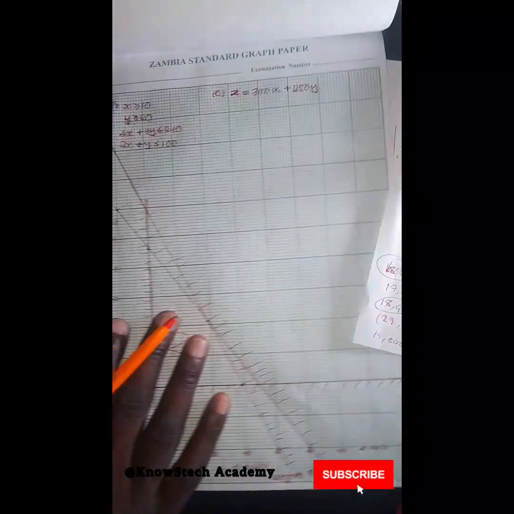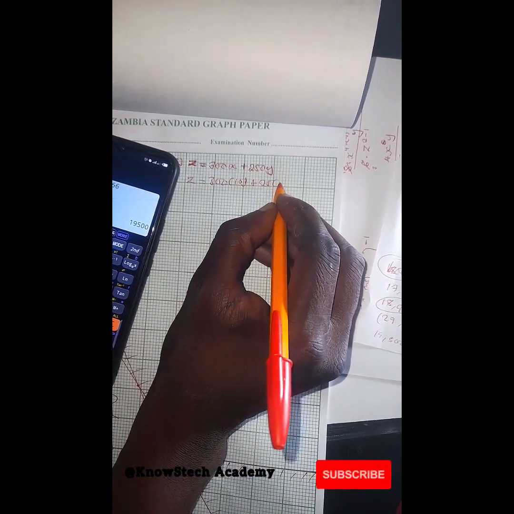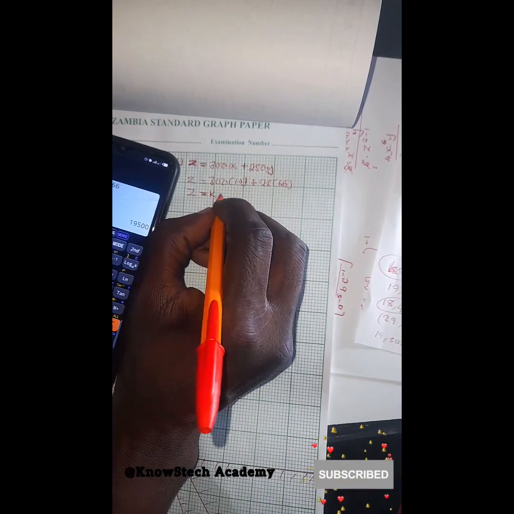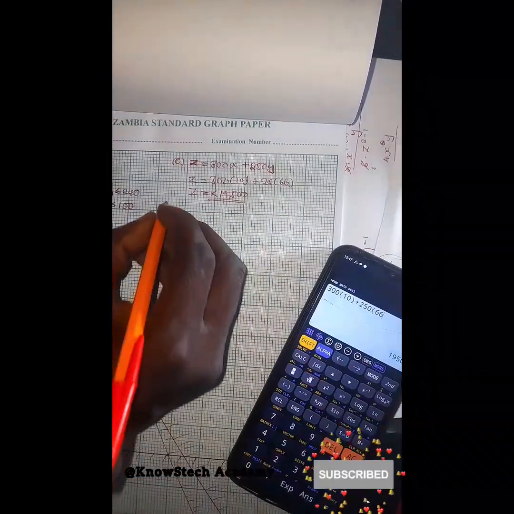When writing here, it will be: Z is equal to 300 multiplied by 10 plus 250 multiplied by 66, which gives us the objective function, or profit, 19,500.